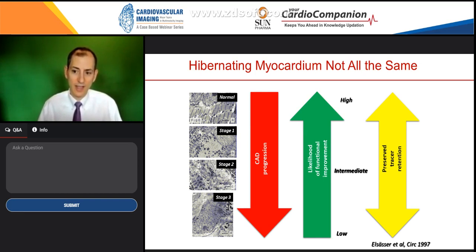Yet if we do viability testing, at least with nuclear, where we look at tracer retention, it will be demonstrated across all these stages because the myocardium is still alive in all these stages. So just because the myocardium is alive, it doesn't always mean it's going to get better.